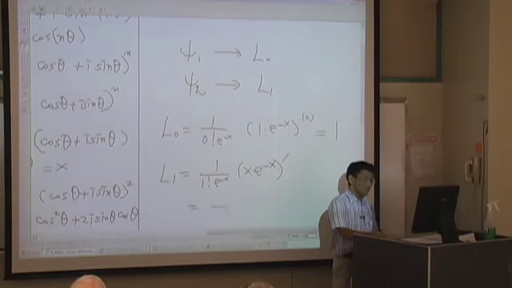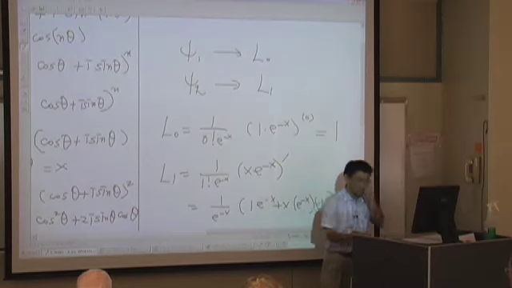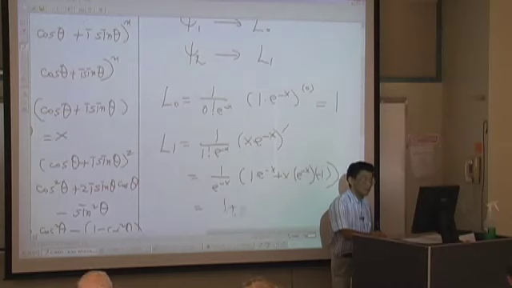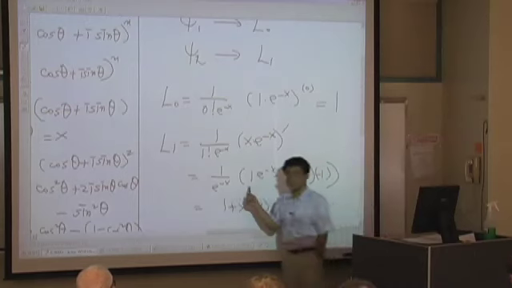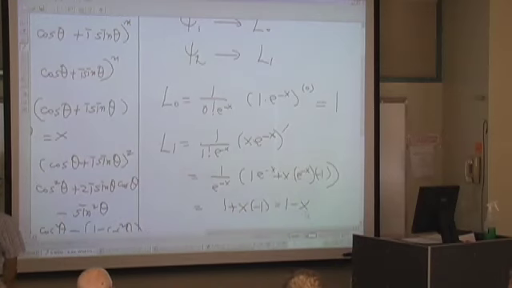So e to the x stays, and then differentiate this: x times e to the minus x, and then minus 1 multiplied, I mean. Then if we divide by e to the negative x, it is 1 plus x with negative 1. Then it is 1 minus x. So this is psi 2. We can continue to find this.